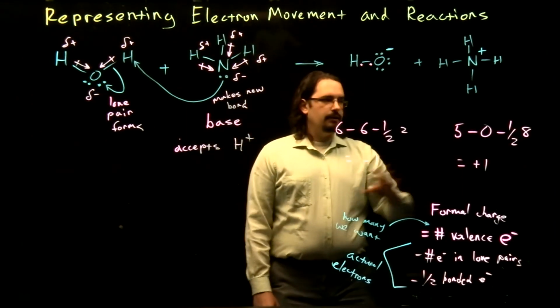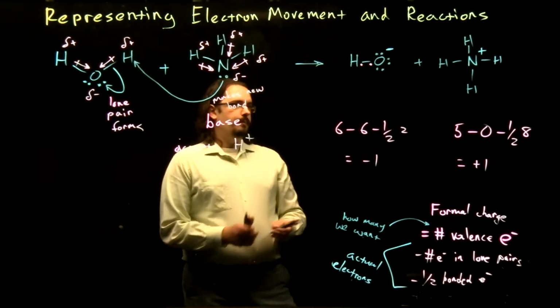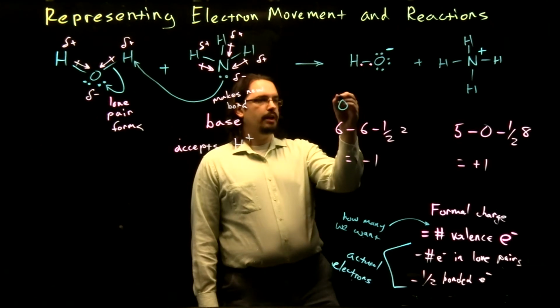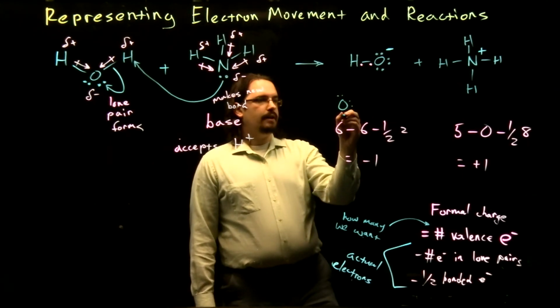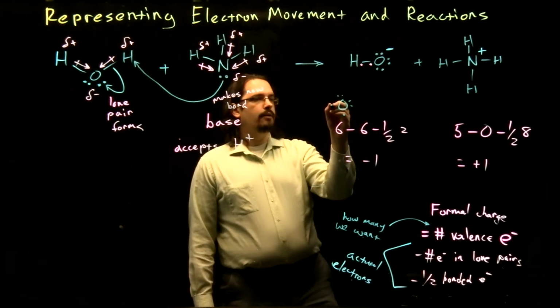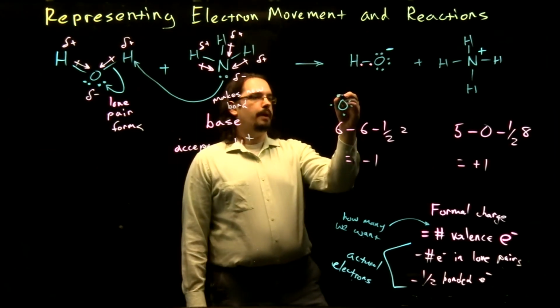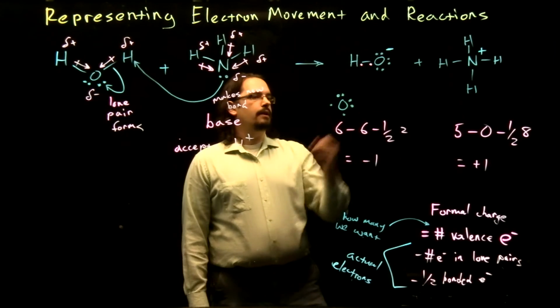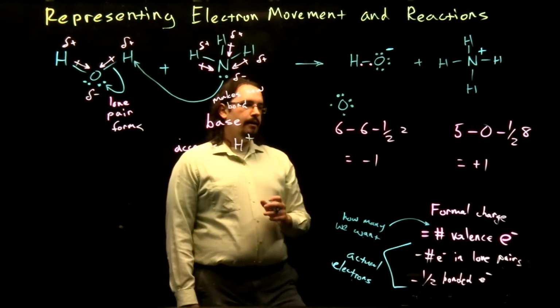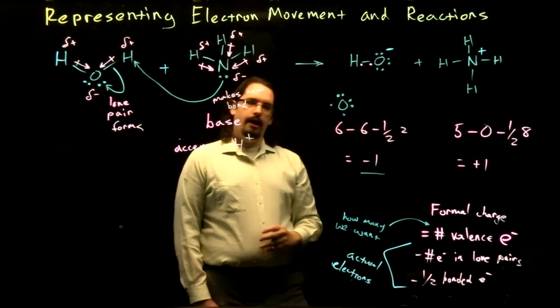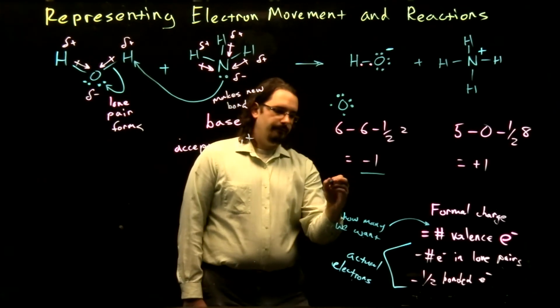An easy way to look at this: normally oxygen with its 6 valence electrons would have 2 lone pairs, right? So we have our 2 lone pairs and our 2 single electrons. Anytime we gain a lone pair, we gain a negative charge.